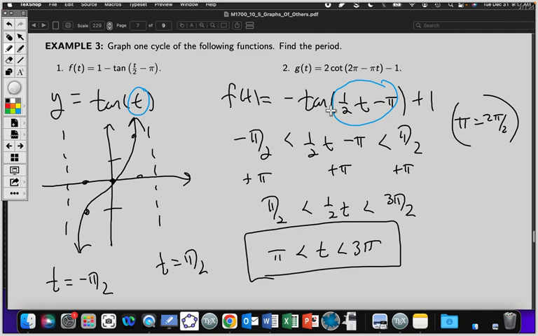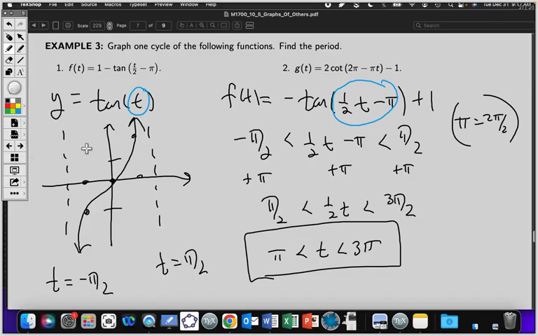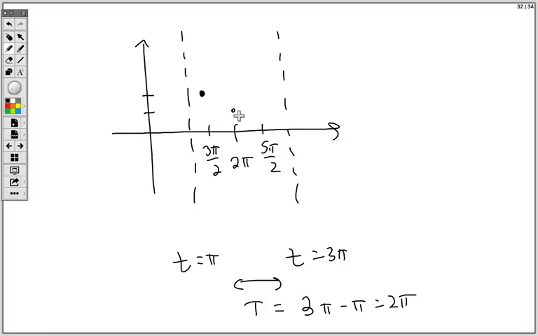The tangent of negative pi over 4 is negative 1, times negative 1 is a positive 1, plus 1 is 2. So over here we're up at 2. I plug in the 2 pi. 1/2 of 2 pi is pi, minus pi is 0. Tangent of 0 is 0. The opposite of 0 plus 1 is 1. So let's plug that 1 in there.